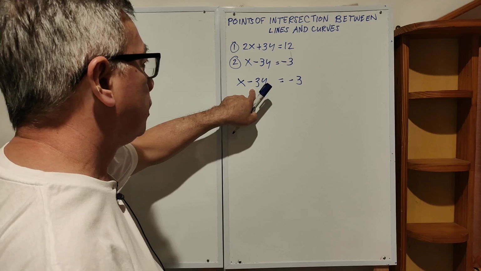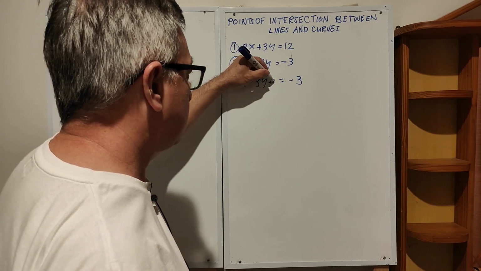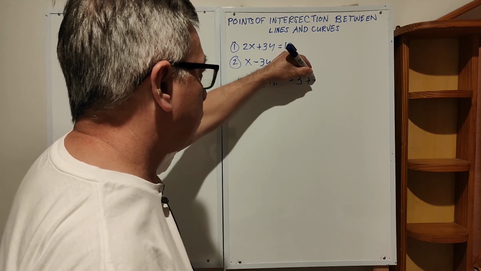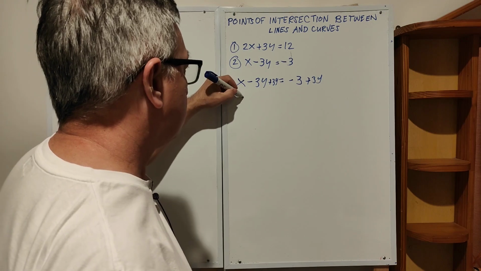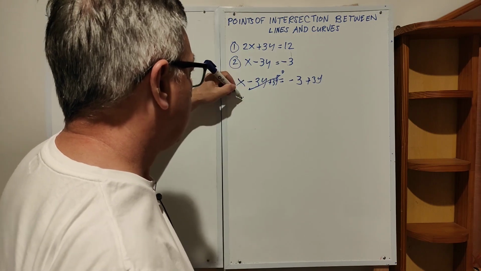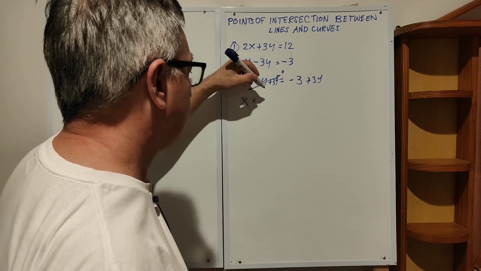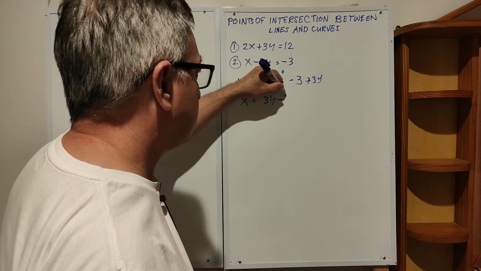To remove negative 3y, we add 3y on both sides, so this will cancel out. x is equal to 3y minus 3.